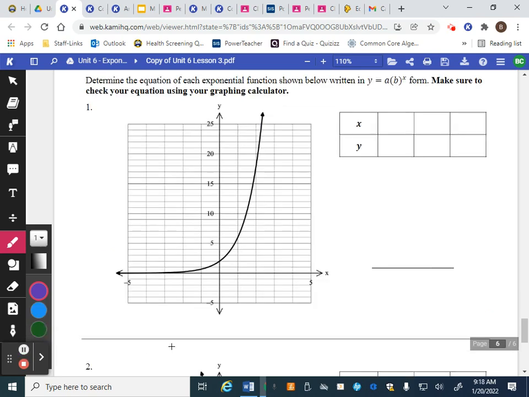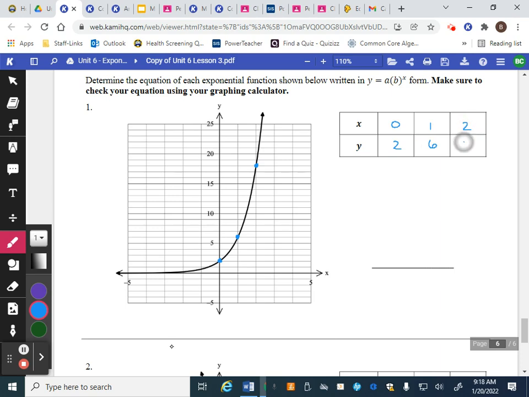All right, so we got 2 more graphs that we're going to try to find the equations of. So I'm going to look for some points. Looks like the first point is 0, 2. The next point is 1, 6.